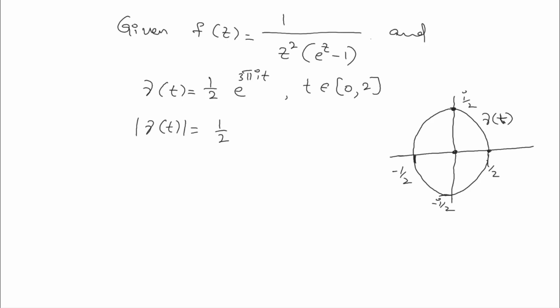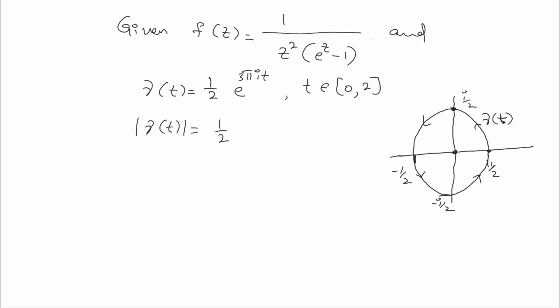So when you keep moving t from 0 to 2, you are getting the values of gamma of t in this direction, anti-clockwise. That means the curve gamma of t travels along the circle mod z equal to half in the anti-clockwise direction.